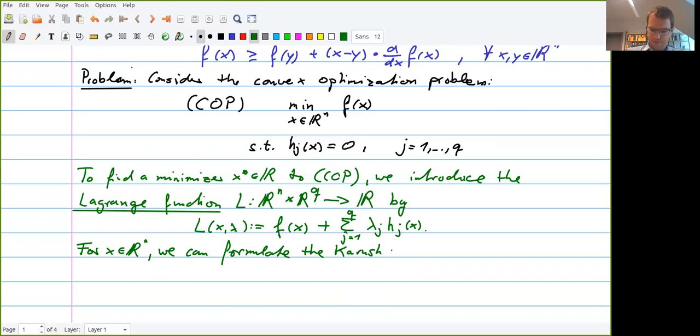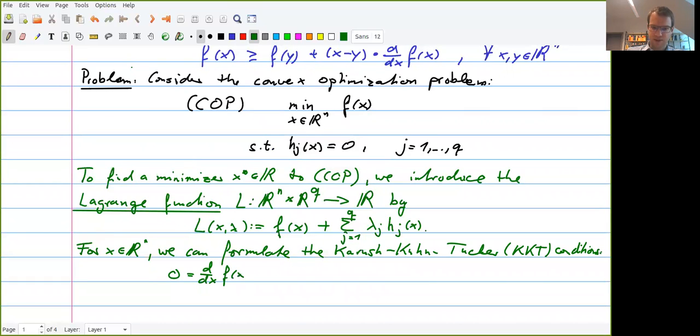So this Karush, Kuhn, Tucker. And as this is rather long, we say KKT condition. Well, very simple. It's a differentiable function, so you know how to find a global maximum. We want to take the derivative of the Lagrange function.